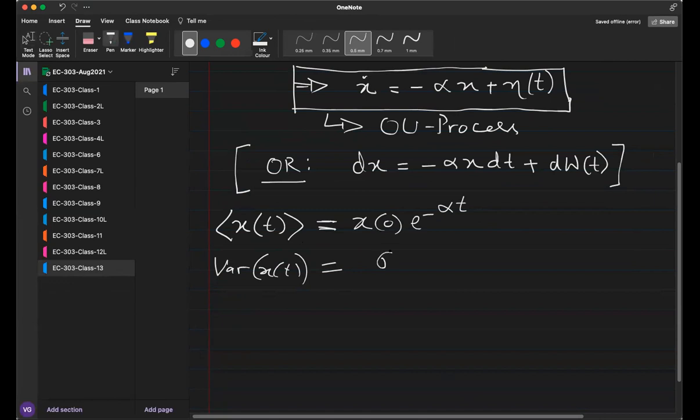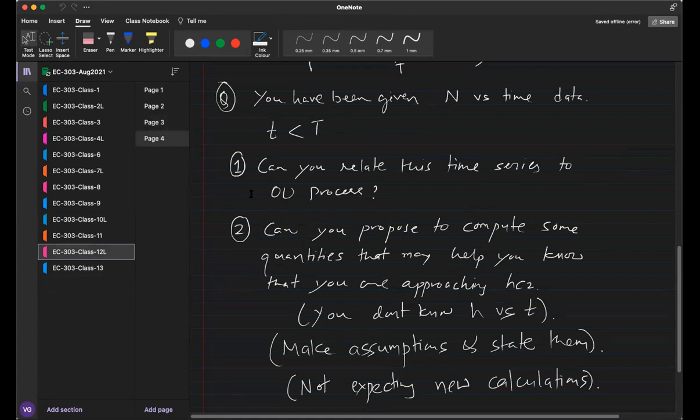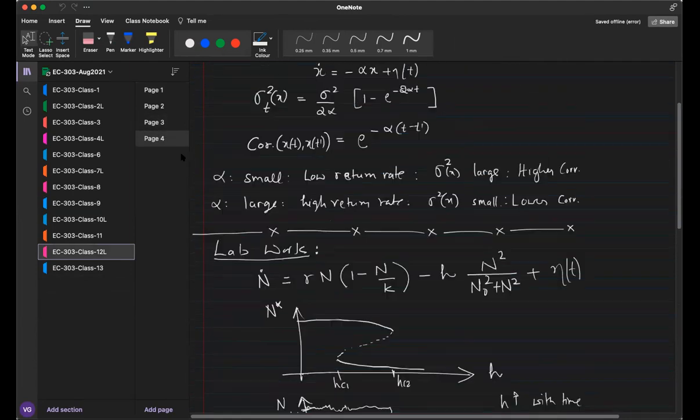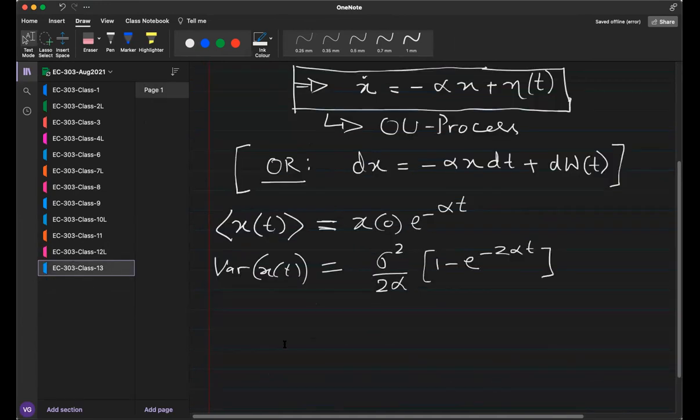It has the following property: sigma squared by 2 alpha times 1 minus e to the power minus 2 alpha t. Is that right? This is what we found from the last class. Okay, excellent. That's right.